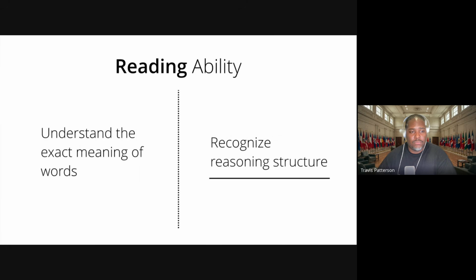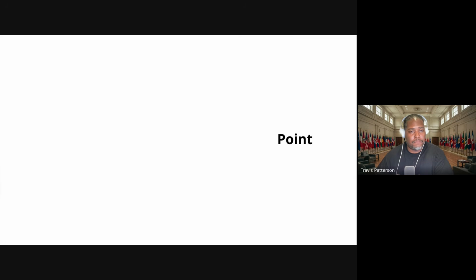You can think about reasoning structure as the relationship between the different components of a stimulus. And over again, the reasoning structure that it's most important for you to recognize is that which is involved in creating an argument. So let's talk about that real quickly. What does an argument consist of? Well, it's got a point, right? One main point that's being made, and it's got support for that point.